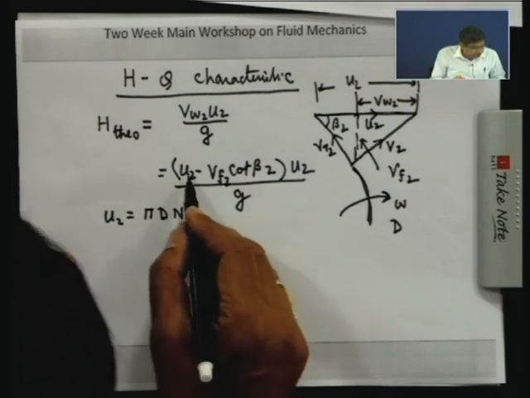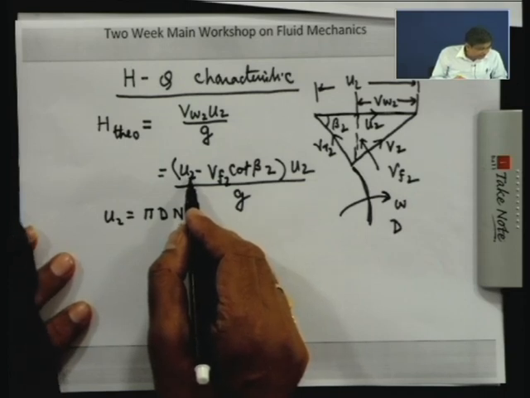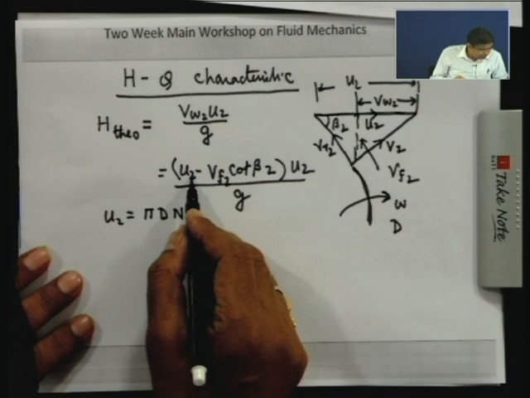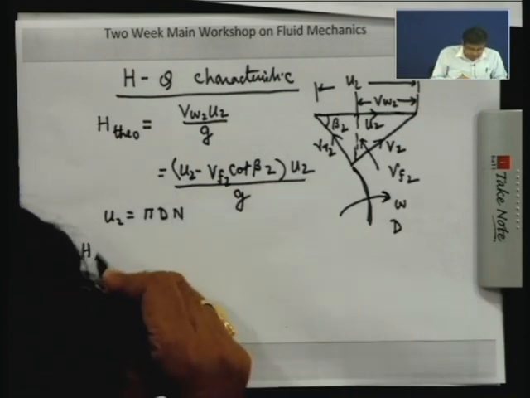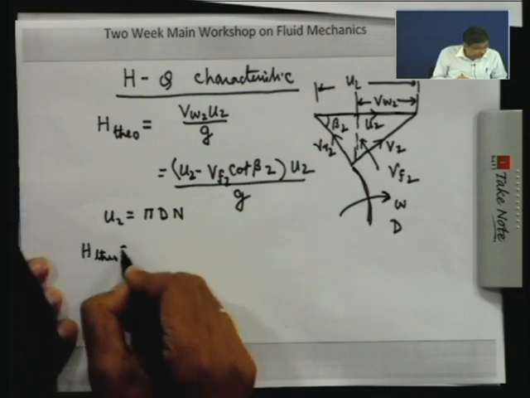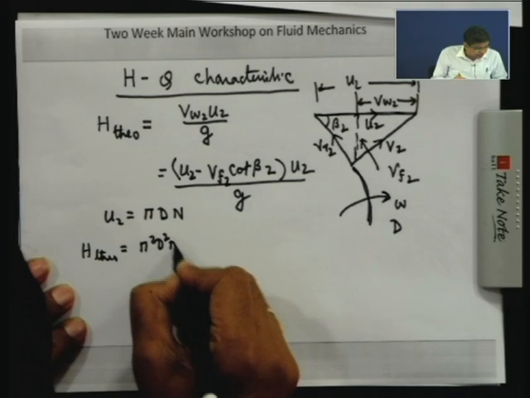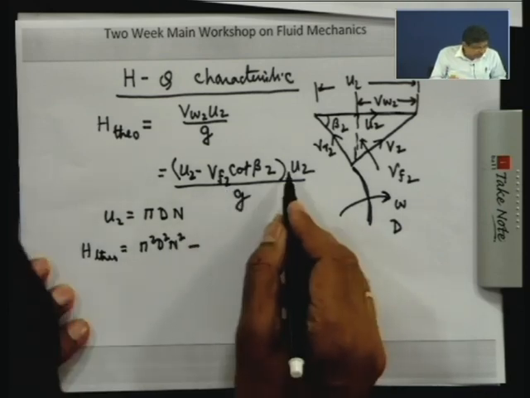If you substitute U2 as pi d n and write this expression with VF2 as the flow rate, we can get an expression: H theoretical is equal to pi square d square n square minus U2 into VF2.